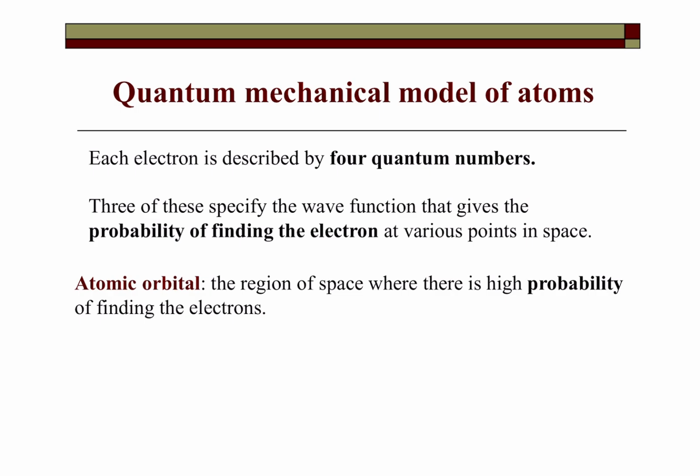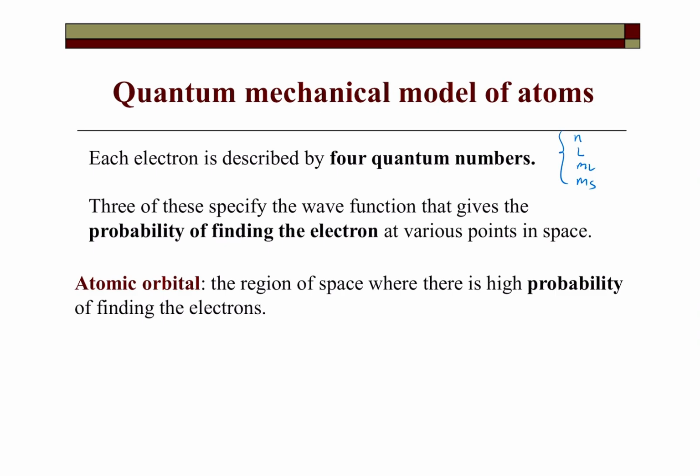Because of this, from the whole quantum mechanics principle, each electron is described by four quantum numbers. I can write here: the principal quantum number, the angular quantum number, which is shown with L, the magnetic quantum number, and the spin quantum number.